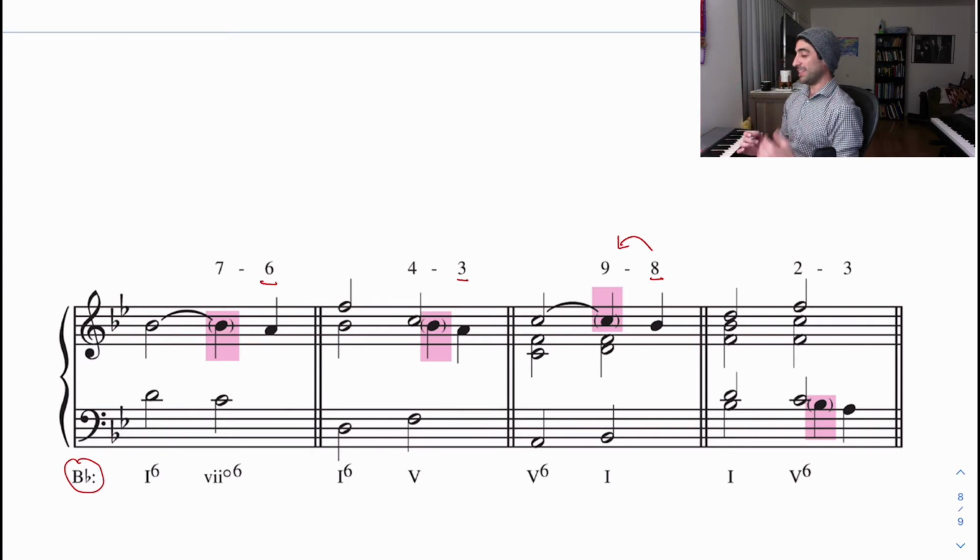But in this last case, it is the opposite. The second number, the one that is the resolution, is bigger than the first one. And that is because sometimes the suspension happens in the bass, like you can see here. So when it resolves, the interval doesn't shrink, it expands, the opposite. So let me play that one for you. That's gonna be the bass.